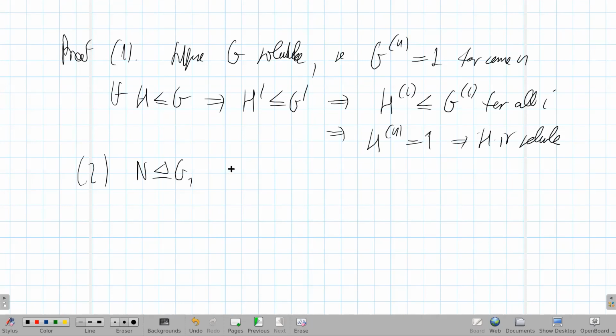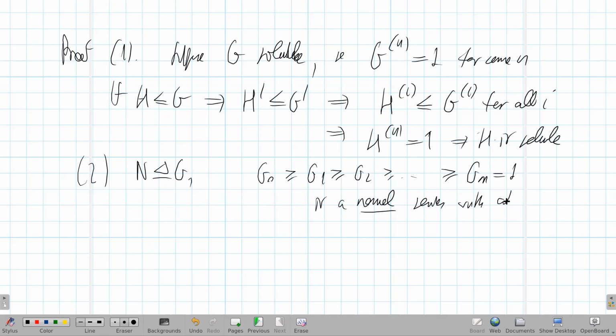Suppose that G0, G1, G2, and so on, Gm equals 1 is a normal series with abelian quotients. I could also use the definition of solubility to prove this, but let's go this way.